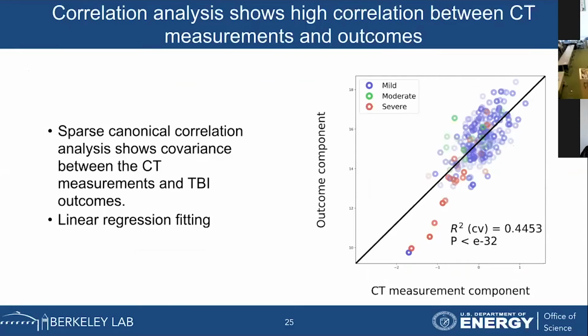Okay, and the further correlation analysis result indicates how this outcome component is correlated with the CT measurement we obtained. And along this linear fitting, you could basically see the severe patients sort of outliers in this plot. And also the darker dots here are showing patients that eventually will get a severe condition over hospitalization.